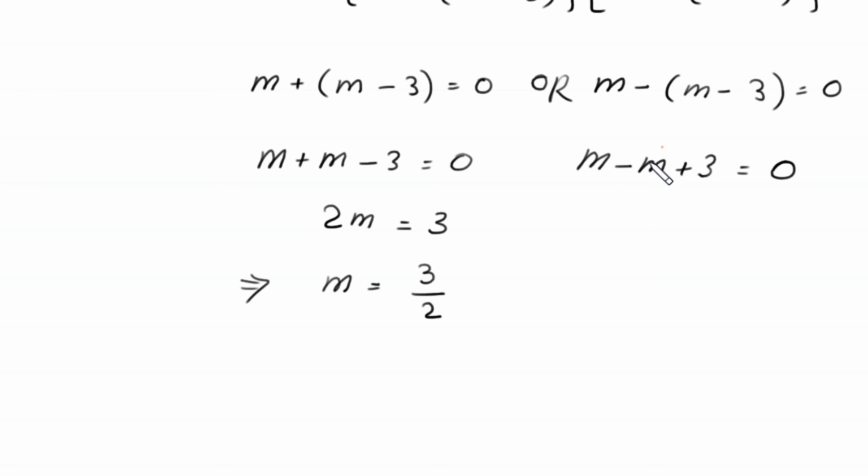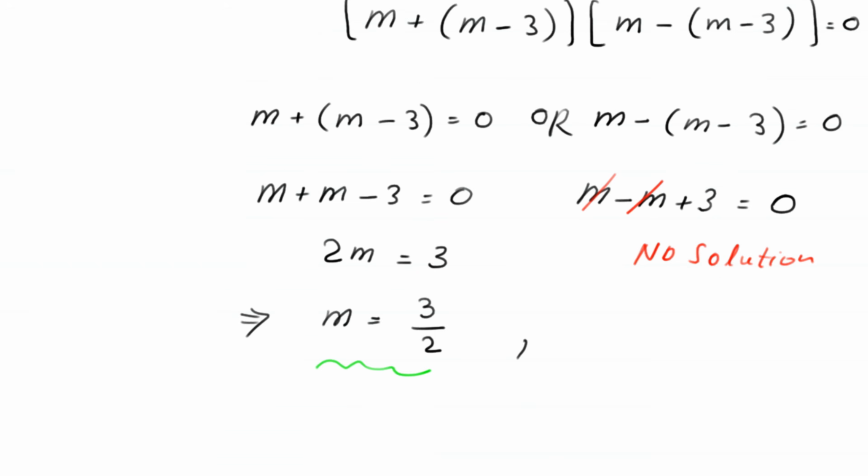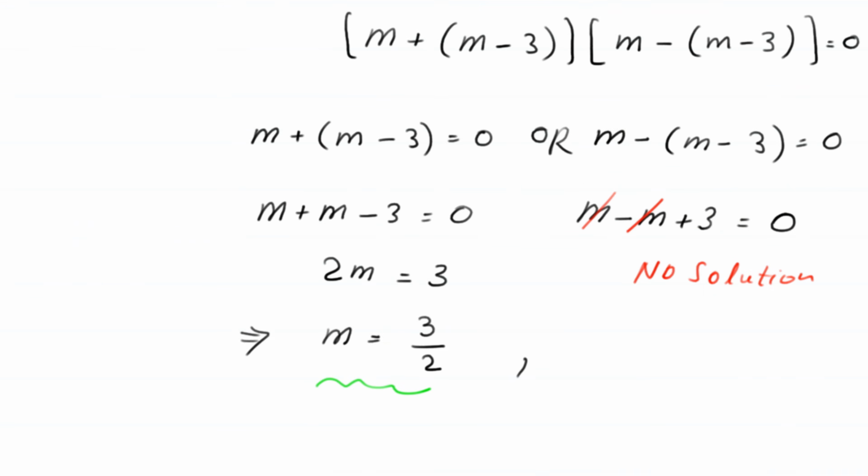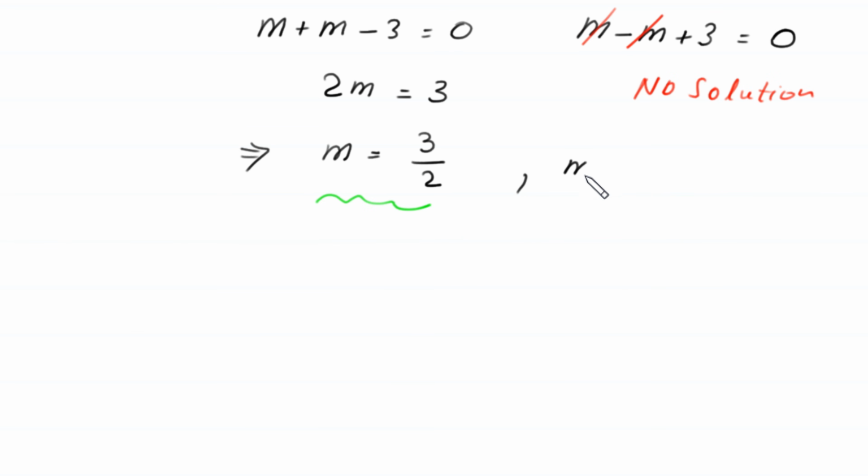This negative m will be cancelled out with this positive m, so no solution can be found from this equation. So we have value of m 3/2, and first we found the value of m is equal to 3/2 plus minus 3i/2.